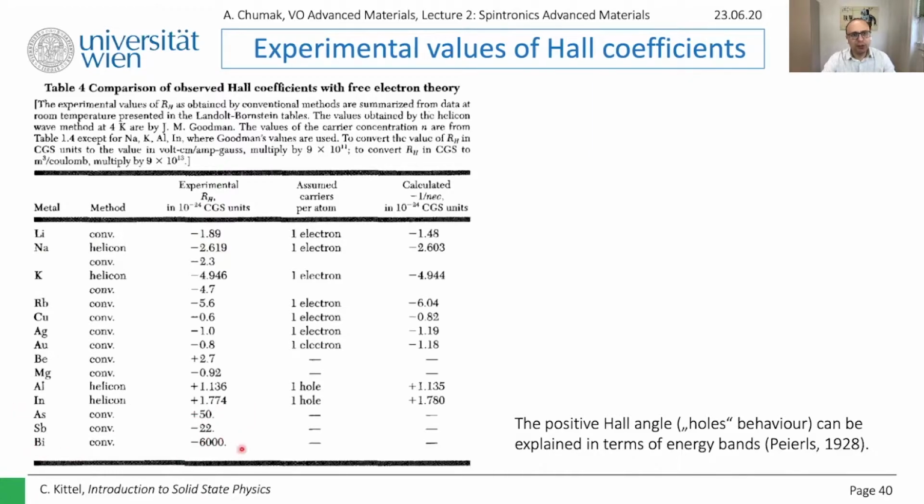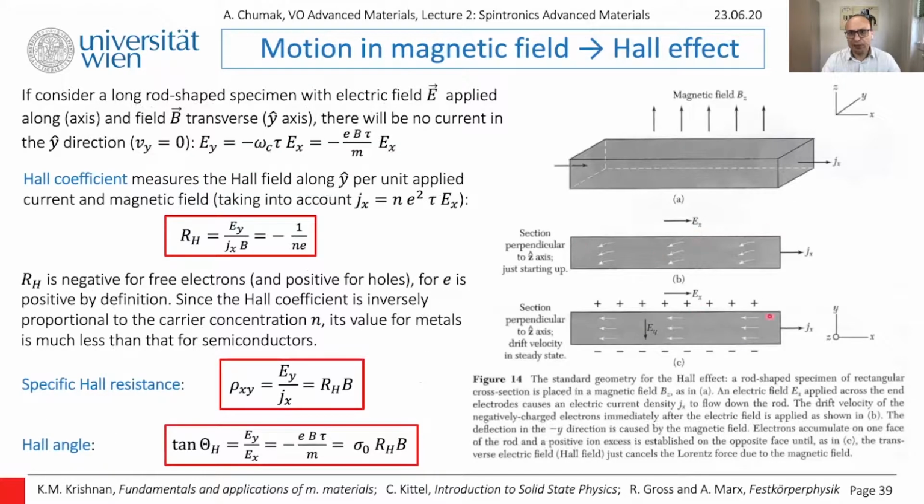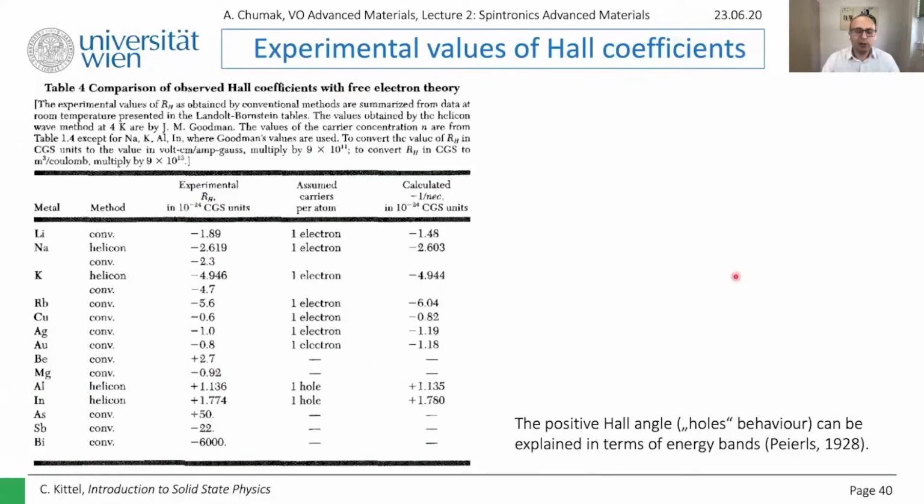For bismuth, it's huge. And what I would like to draw your attention to is the fact that for some of the elements, for example aluminum, the Hall angle changes its sign. According to the simplest model, like we discussed here, as long as you work with a metal and your charge carriers are electrons, not holes, you should expect the same sign of the Hall effect. Nevertheless, as you can see here, a normal metal can even change the sign of the Hall angle, which is very interesting.